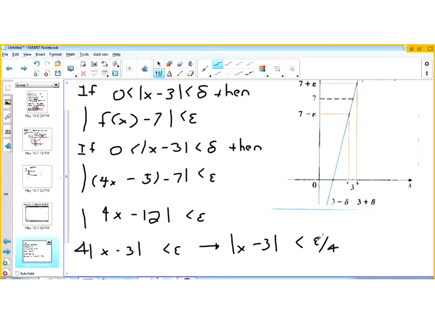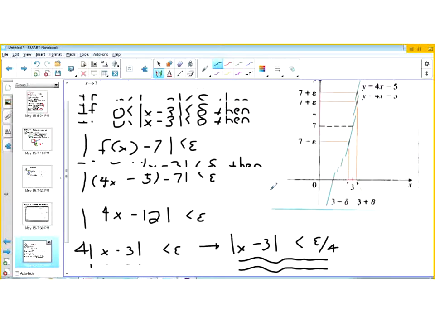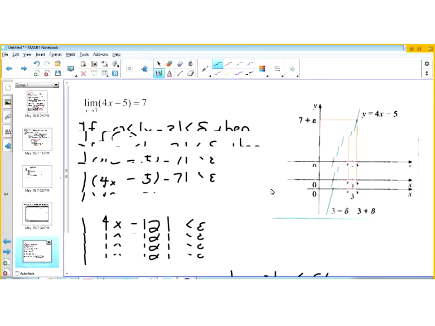So what this means is if I choose a positive value for epsilon and plug it into this equation, I'll have a positive value for delta. Thus, I have an expression for delta. Epsilon is the independent variable, any positive number of your choosing.